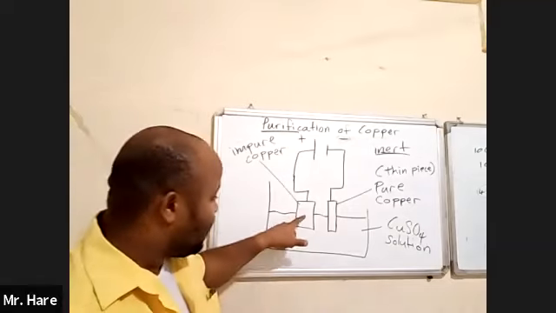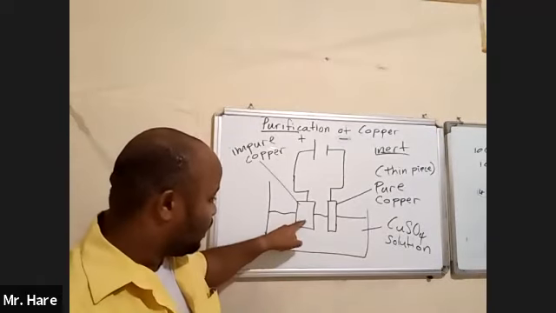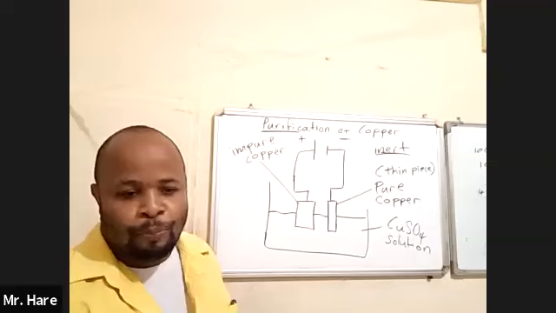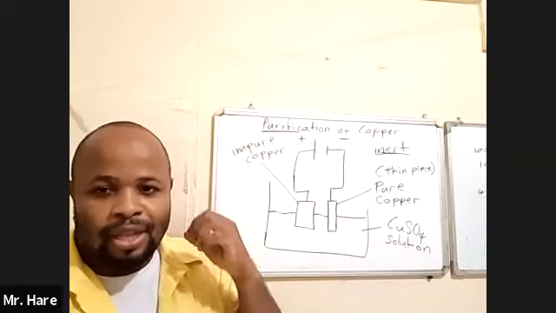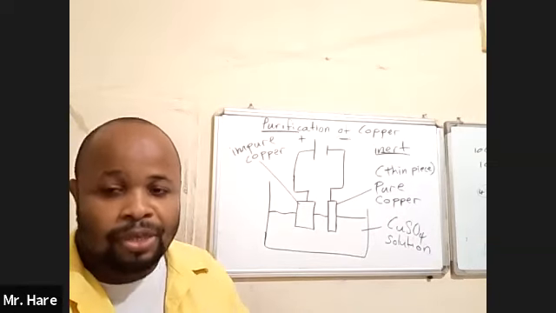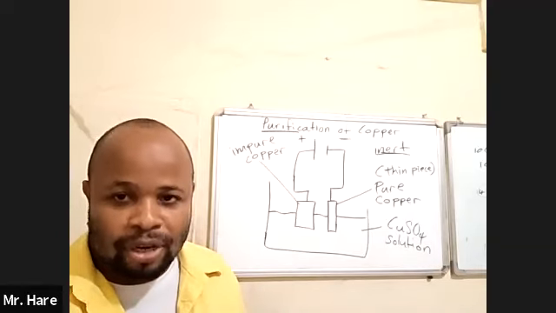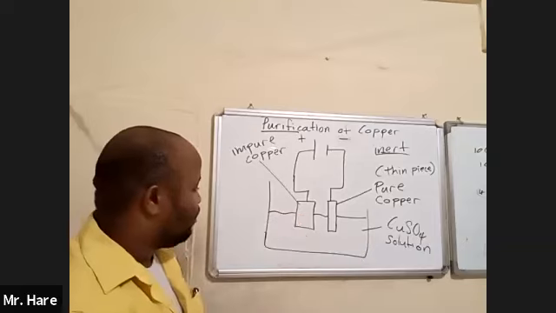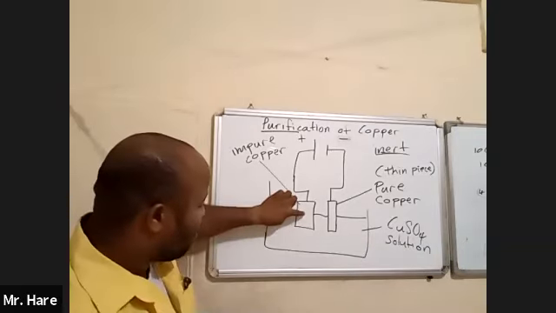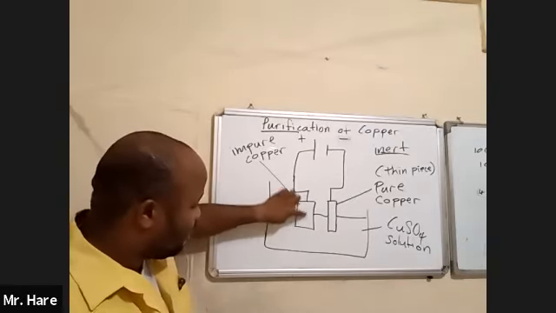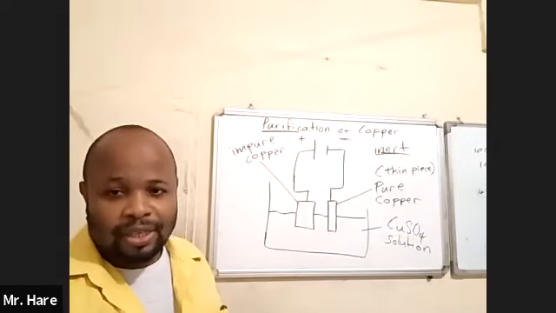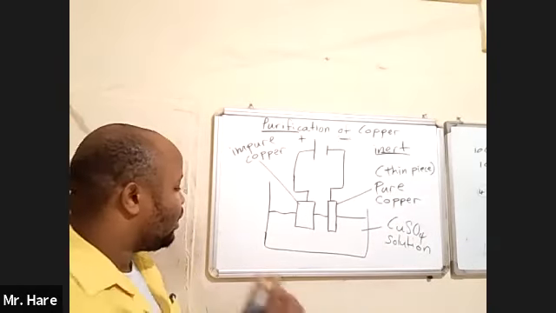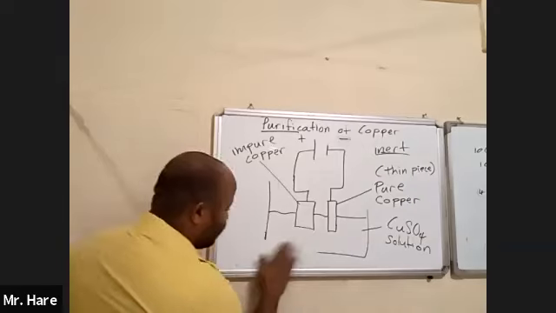What you will notice here is that this is going to break down because it is an active electrode. It is going to take part in the reaction. So this is what will happen. At the anode, this piece of copper here is going to be oxidized.